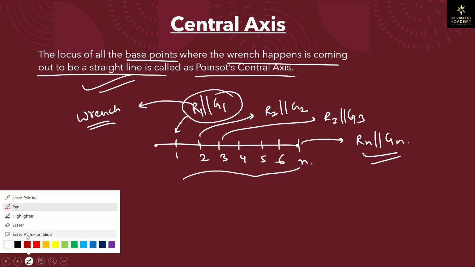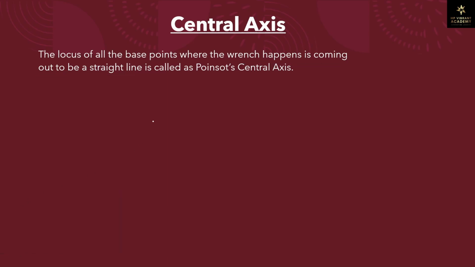So let us find the equation of this. Let us consider the straight line, and we have the base point as O and the changed base point as O dash, both separated by a constant vector c.